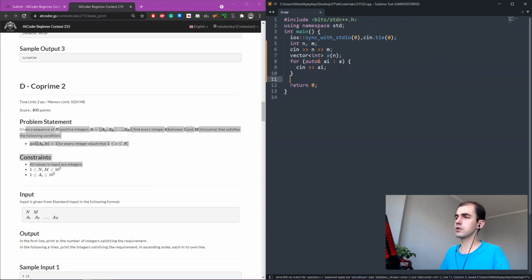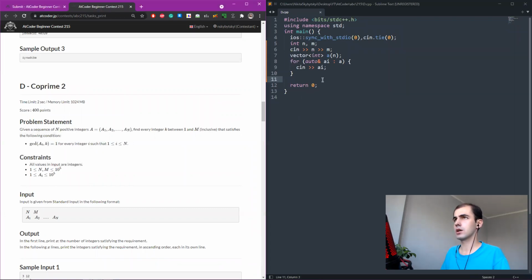Because what we are going to do is we're going to quickly factor every A_i, which we can do because the A_i are up to 10 to the 5th, we can just factor in square root. So let's see.